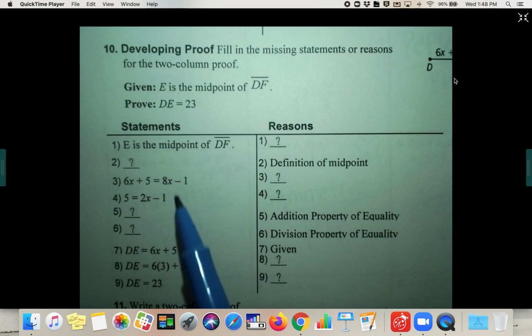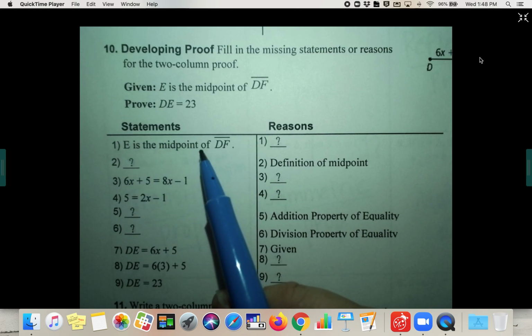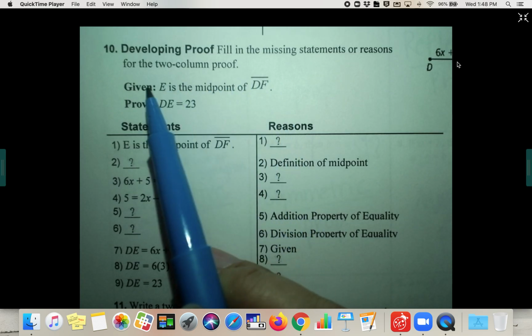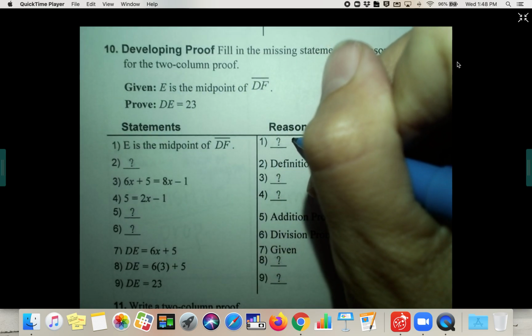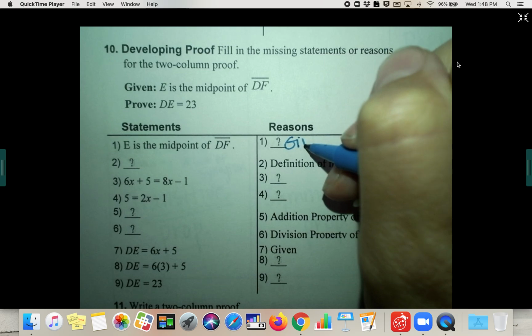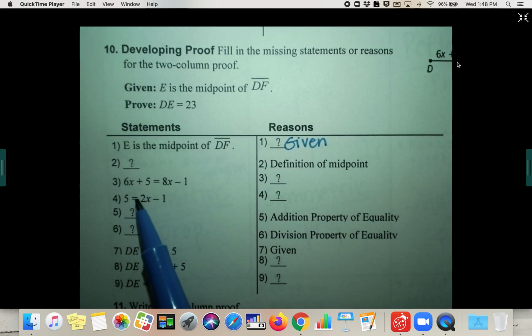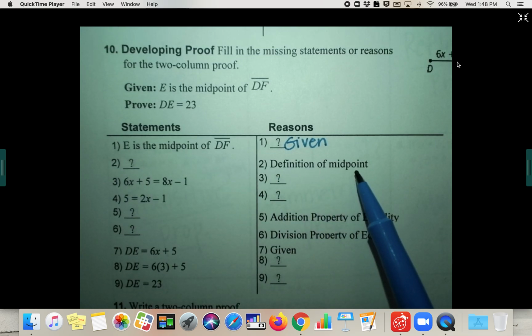All right, so let's start in. E is the midpoint of DF. And what you notice is that was exactly what was given to us. So our statement's reason is given. Okay, and then they filled in some of the reasons and then left us with the statements. Definition of midpoint.